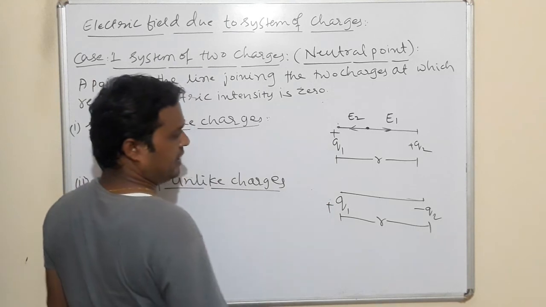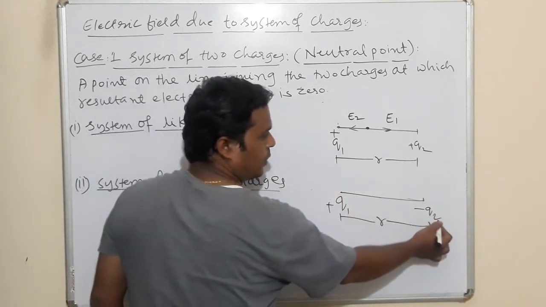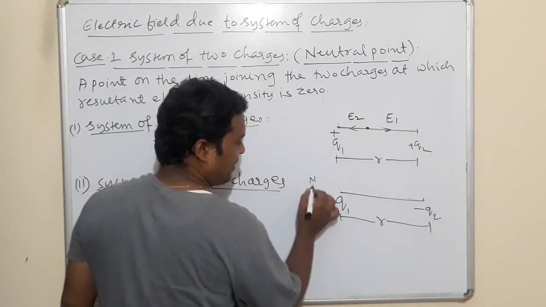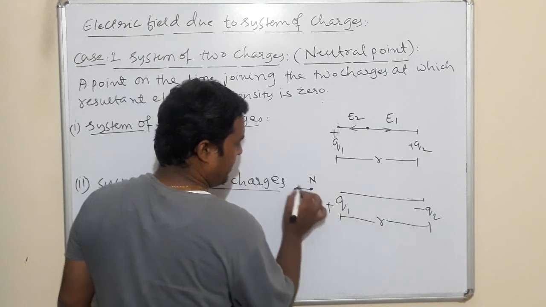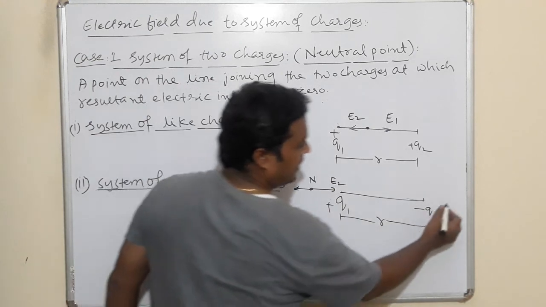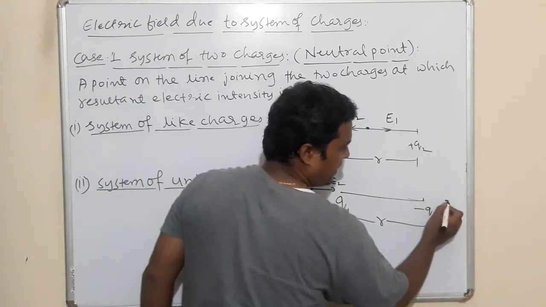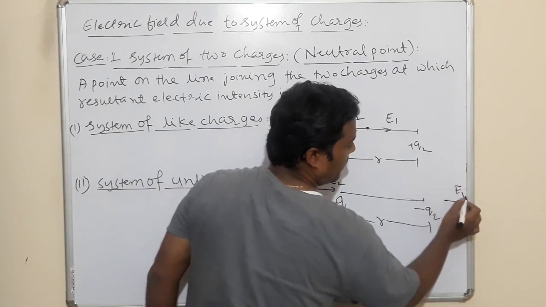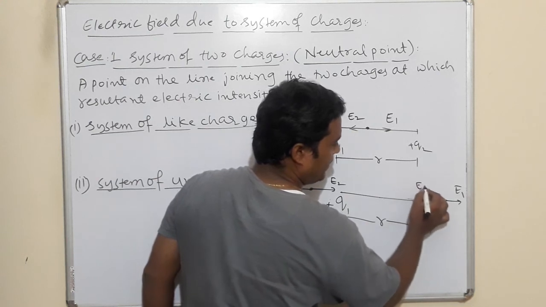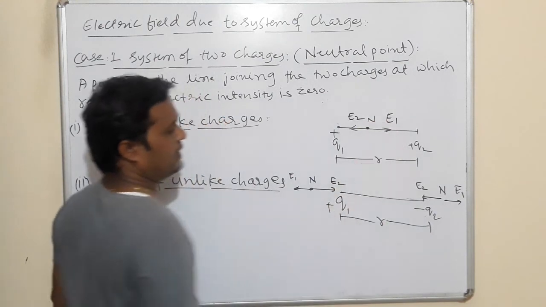If you take a point here, field due to this charge will be in this direction, field due to this charge will be in this direction. Neutral point is possible here. See, E1 is in this direction, E2 is in this direction. Here also, electric field due to this charge will be away from the charge, this is E1. Electric field due to this charge will be towards the charge, E2. Neutral point is possible here. Neutral point is possible here.